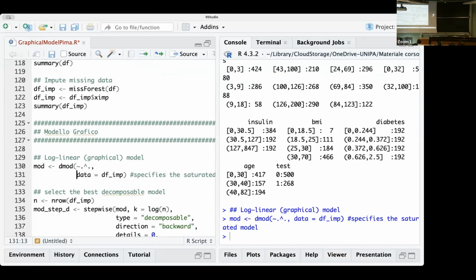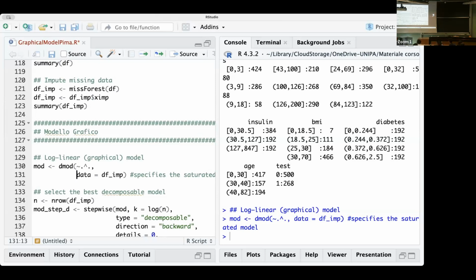So you have tilde, dot, this, and dot again, which specify where you want to start. Do I want to start with an empty graph, or with a complete graph, or with some specific graph? This is what I can give to this dmod function.